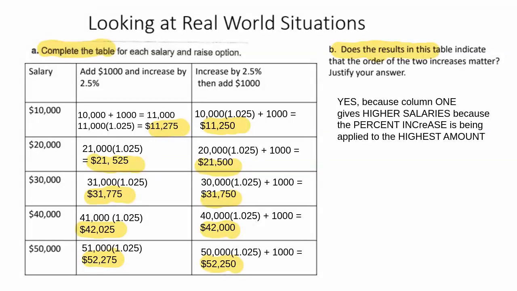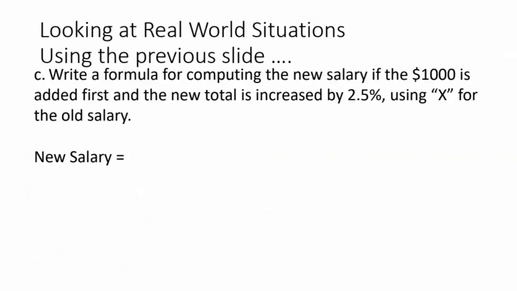Now, here comes the part where they ask you to fill this in. They said, write a formula for computing the new salary if the 1,000 is added first and the new total is increased by 2.5%. Now, here's how it goes.